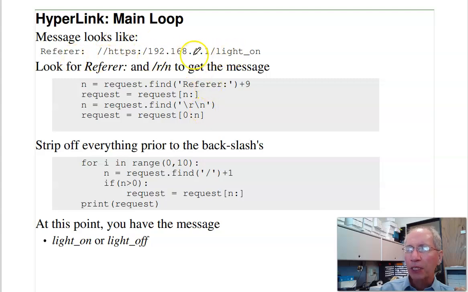And for this message right here, I then actually want to pull up this field right here. So what I'm going to do is look for the backslashes, strip off everything to the left of the backslashes, and eventually I get my message. So that's my message, light on or light off.